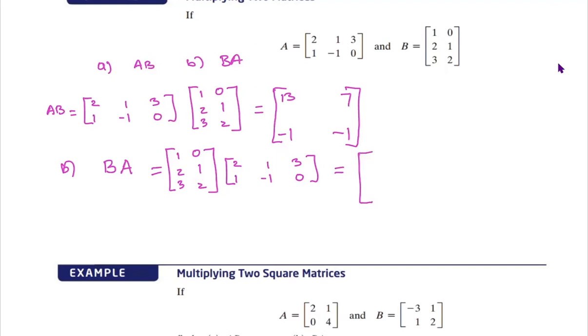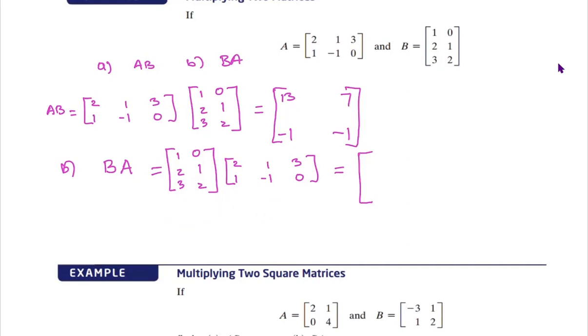It will be the number of rows of this by the number of columns of this, so we're going to have a 3 by 3 matrix. The number of rows here is 3, and the number of columns here is also 3.